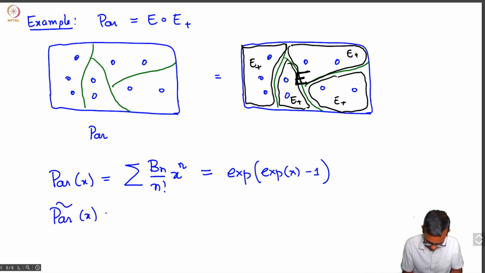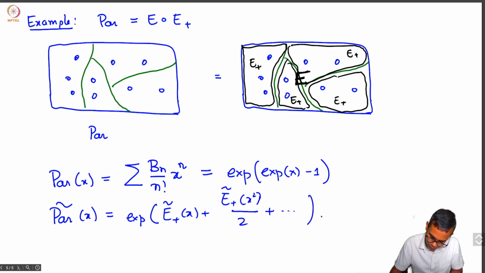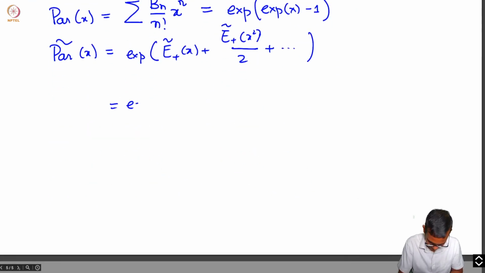Par tilde x is exp of E plus tilde x plus E plus tilde x squared by 2, and so on, which we can think of as exp of, so E plus tilde x is, no sorry, it's just x plus x squared plus, right?